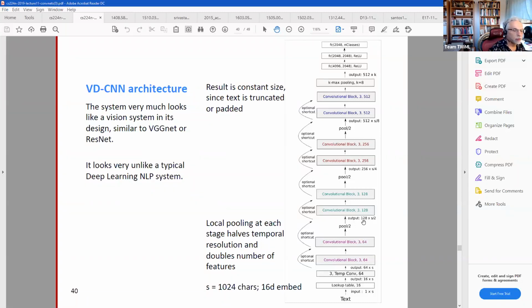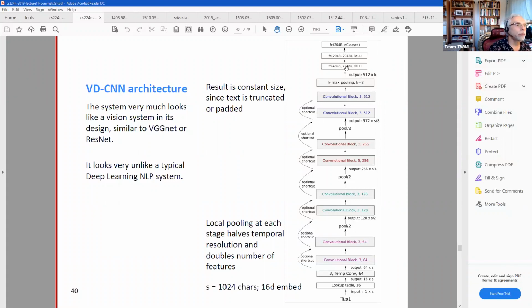That's the point, right? So from the output of this first layer, your output is 64 by S, where S is the number of characters in the sentence. And then it maintains that, although the number of rows and columns changes, the total number of elements in the array is the same all the way through until you get to this max pooling. And now you're starting to condense it down.